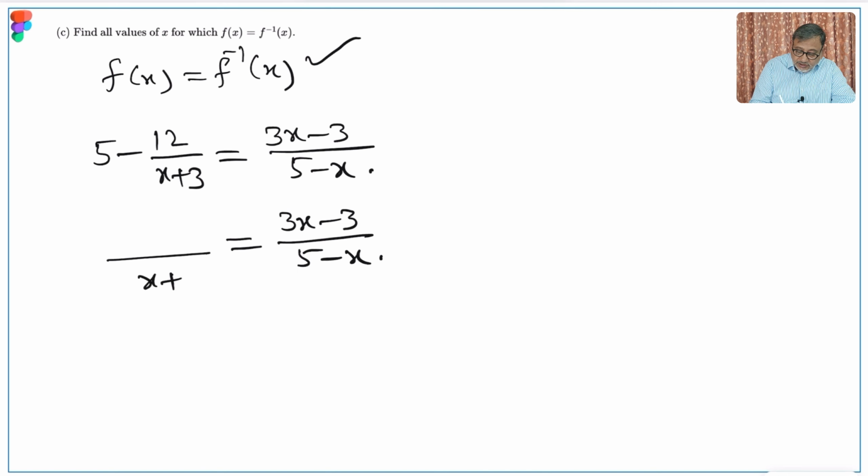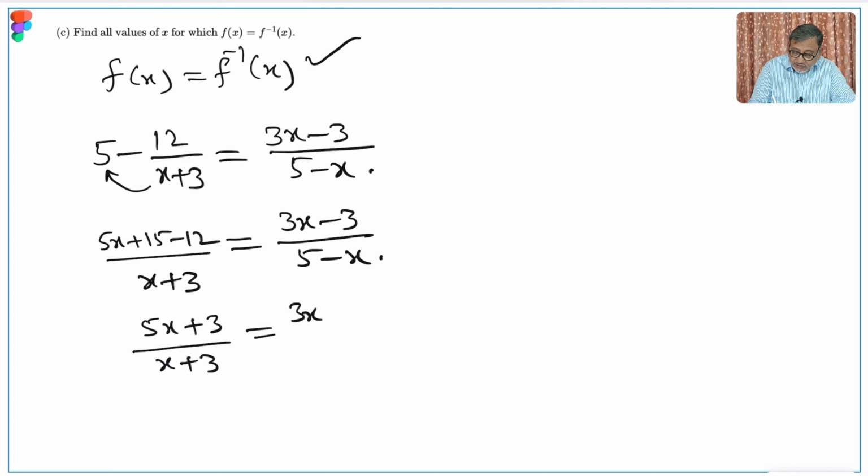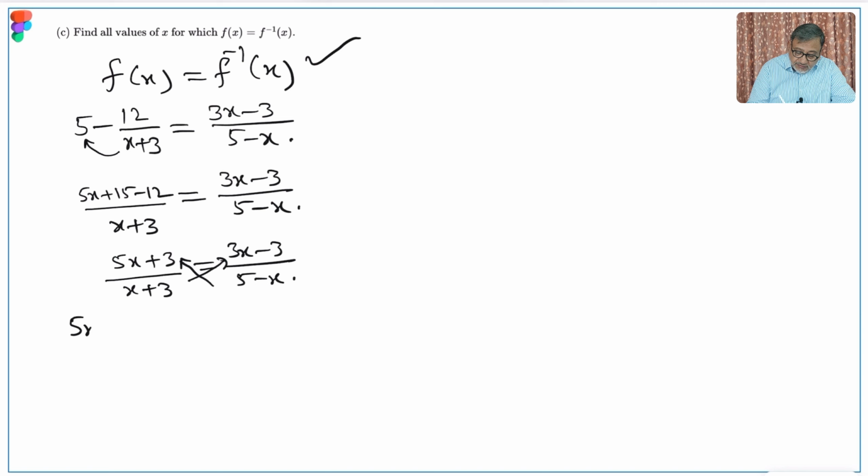So x plus 3 multiplied by 5 will give you 5x plus 15 minus 12. So this will be 5x plus 3 over x plus 3, is equal to 3x minus 3 over 5 minus x. Now cross multiply them. So therefore 5x plus 3 into 5 minus x is equal to x plus 3 into 3x minus 3.